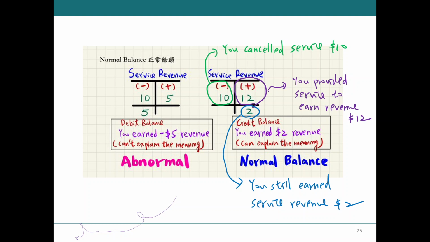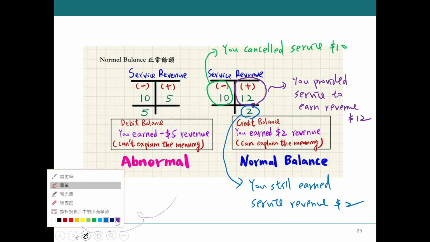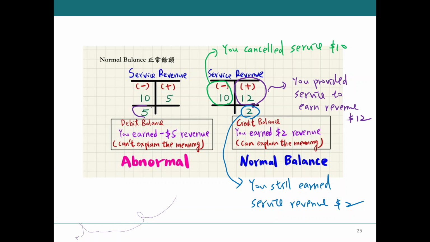Another case right here, that makes sense, right? Because you provided $5 of service, how could you cancel $10 of service? Impossible. The maximum you could cancel is only $5. So that's impossible. For this $5, what does it mean? You just earned it.